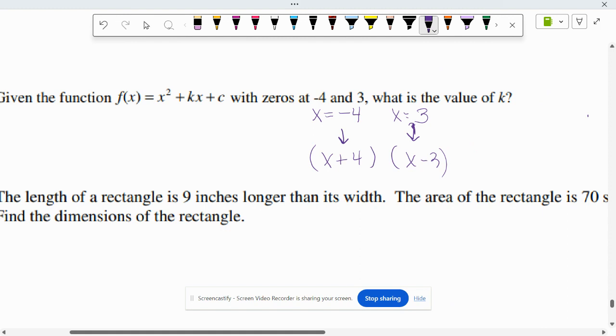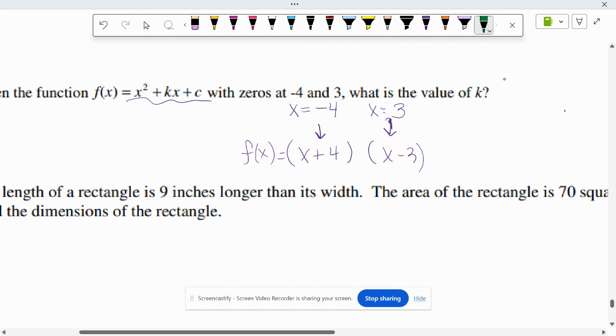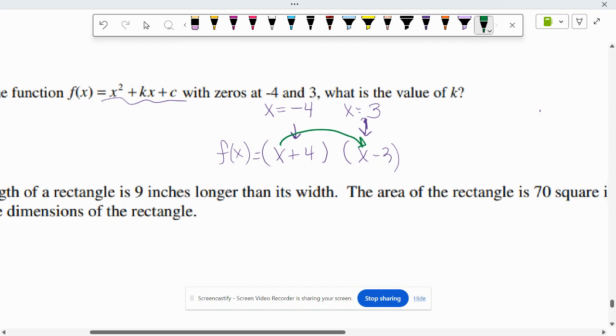Okay. So the only way that I can make this function look like this is if I do what to it? I have to distribute or what? FOIL out, right? So what's x times x? Do you guys want me to draw a box for this? Do you remember? No? Okay. X times x is, sorry, Viviana, go ahead. X squared.